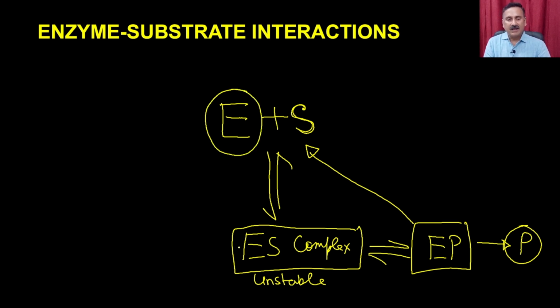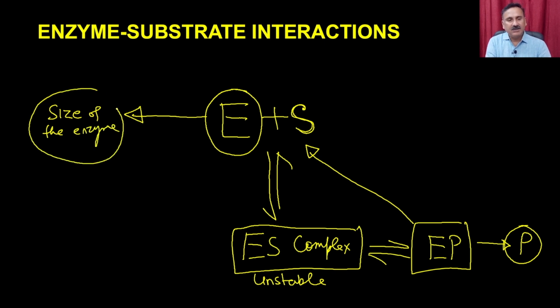This means it is going to increase the size of the enzyme. Size in terms of the molecular weight, right? Which means it is going to increase the molecular weight, and it is more relevant when the enzyme is interacting with a proteinaceous substrate.